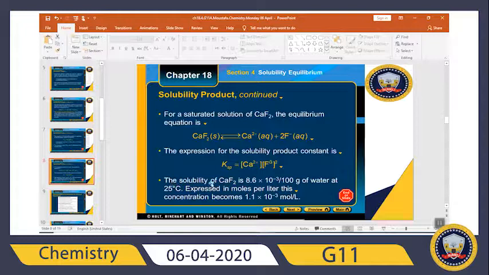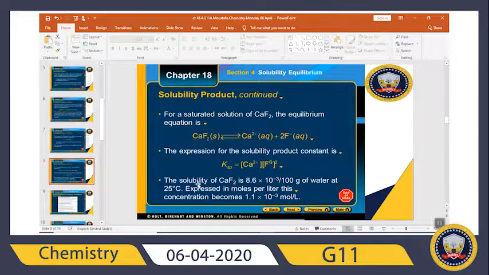So the Ksp of CaF2 is constant at a specific temperature, but if you change the temperature, the solubility product constant will change. Why? Because the situation will change. As we mentioned before, increased temperature may increase the solubility, increased pressure may increase solubility, increased concentration may increase solubility.